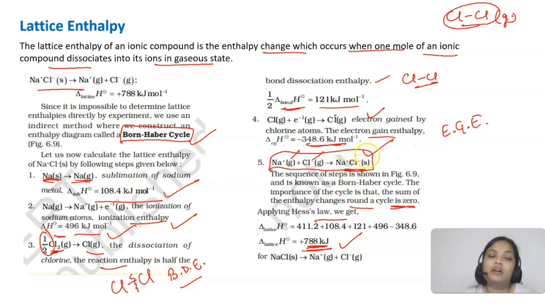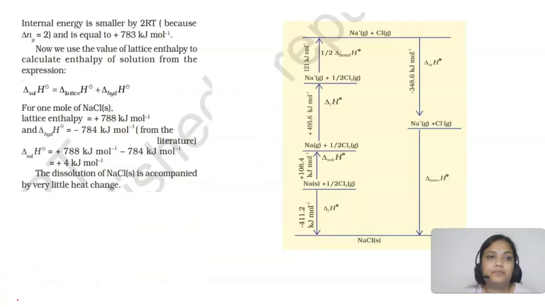Now this is what we have calculated when sodium ion and chloride ion combine to form NaCl, but we are talking about NaCl giving you Na positive and Cl negative. So now we will use this lattice enthalpy value to calculate the enthalpy of solution.